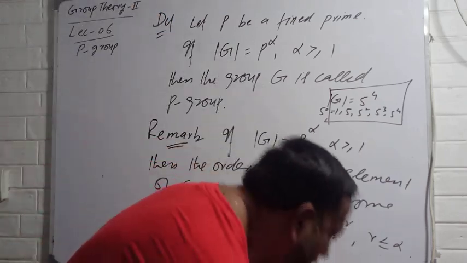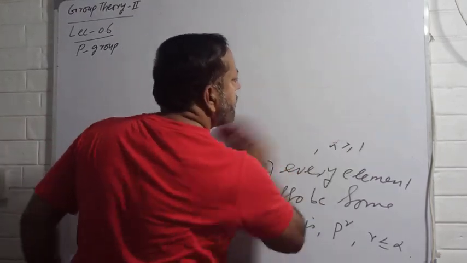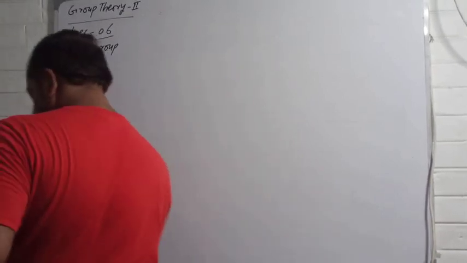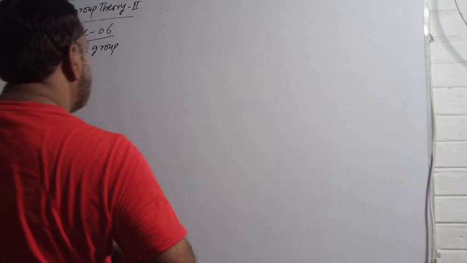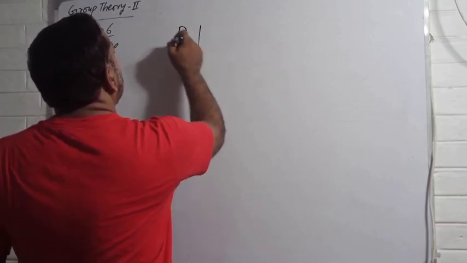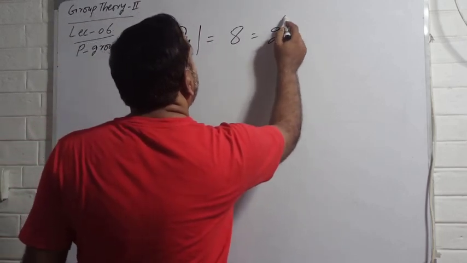Okay, let's have some examples. First example: D4. The order of D4 is 8, which is 2 power 3.